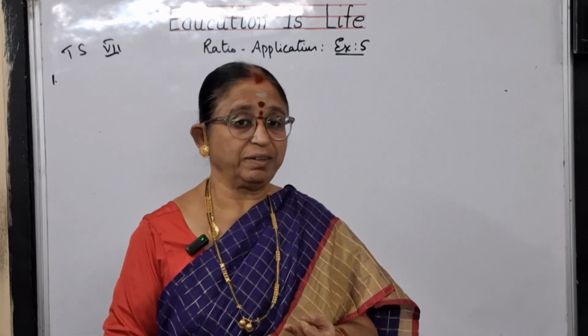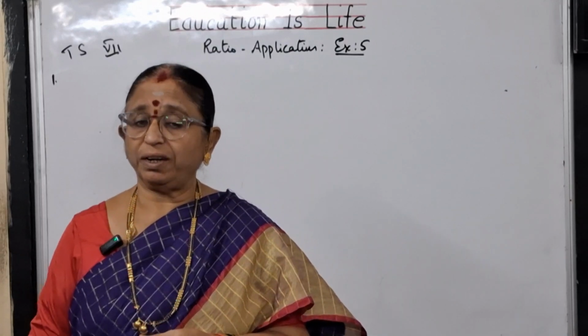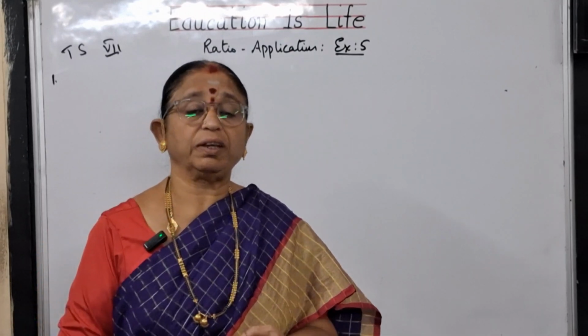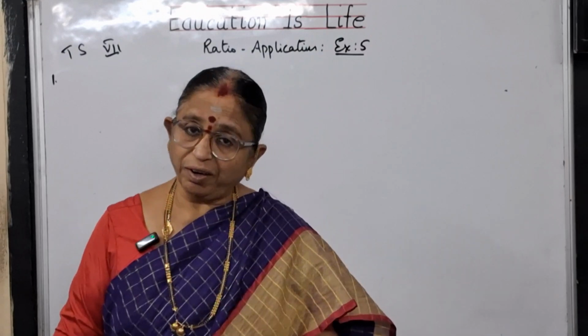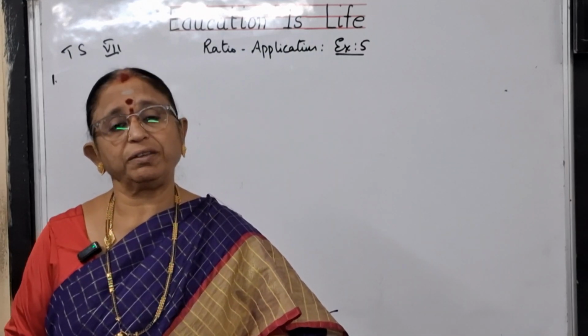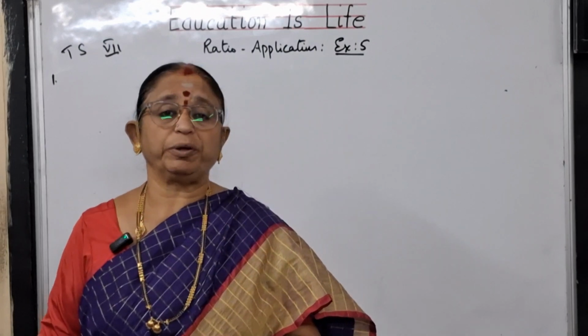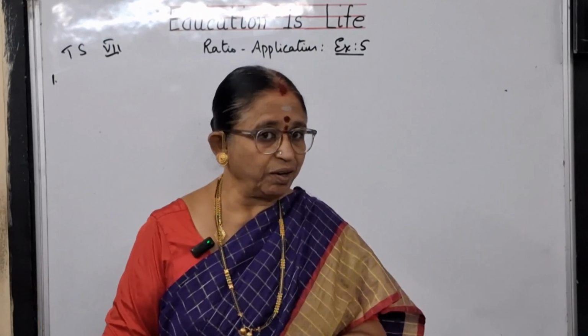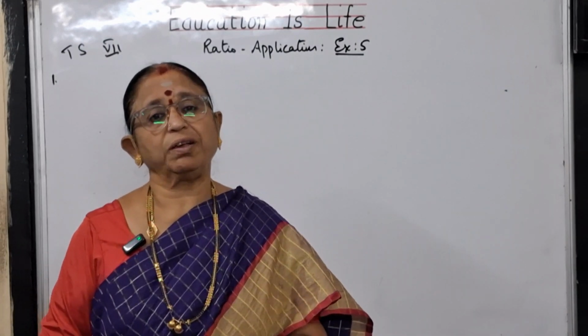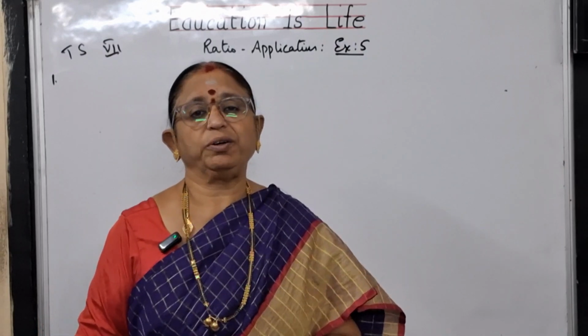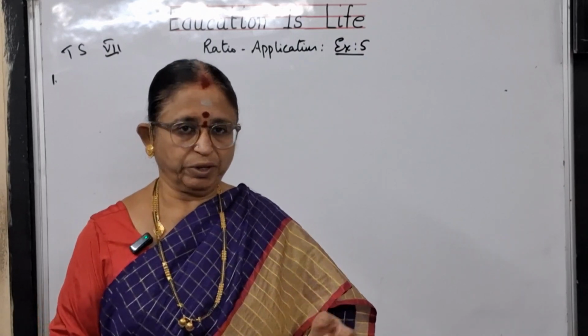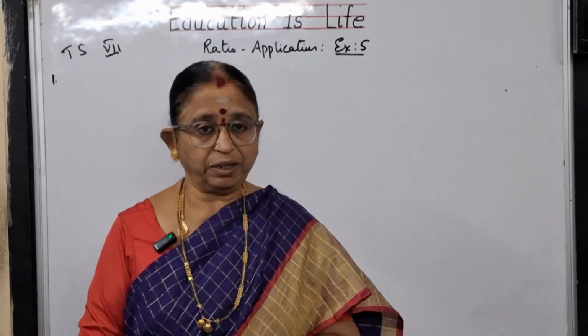And if cost price and gain is given, how to find out selling price; if gain percent is given, how to find out selling price. If cost price and loss is given, how to find out selling price. And if selling price and gain is given, how to find out cost price. And if selling price and loss is given, how to find out cost price. All these formulae I have taught in the previous class. So you can check that if you have any doubt.